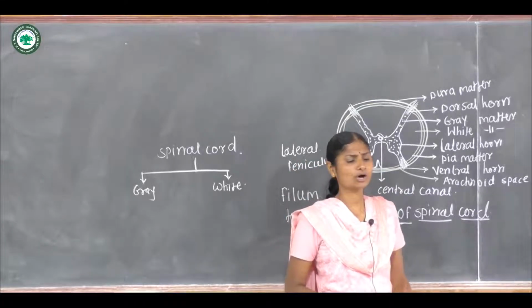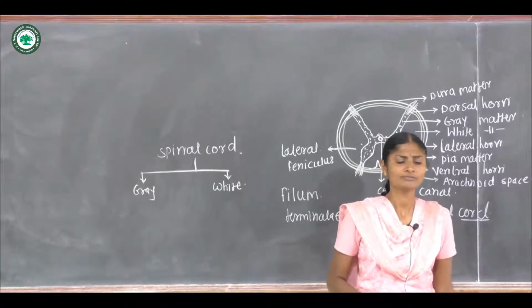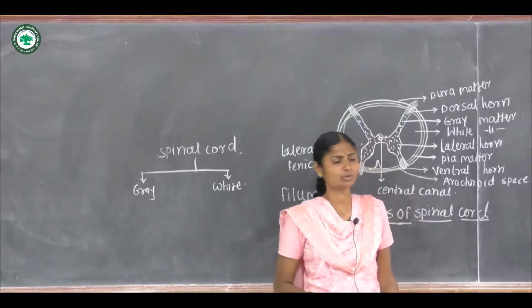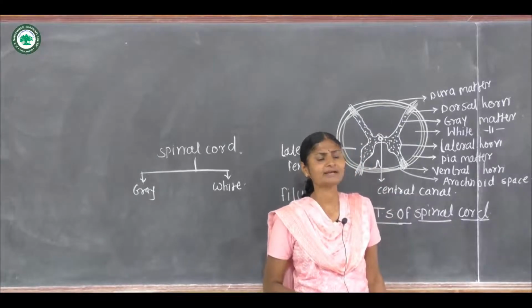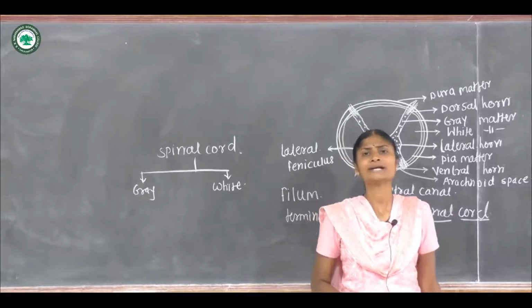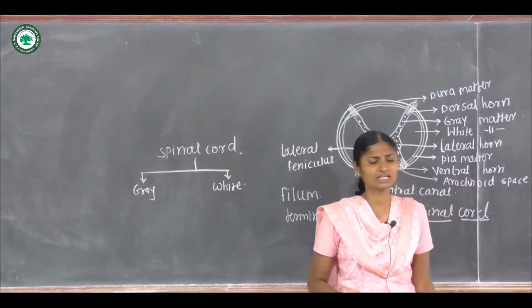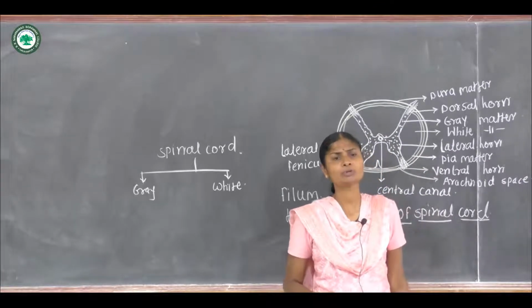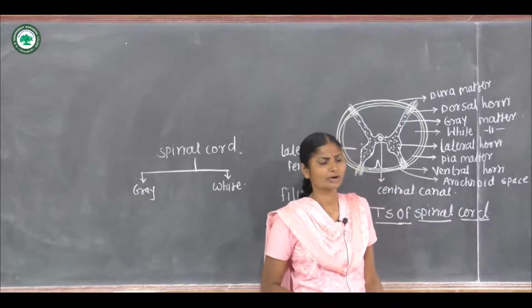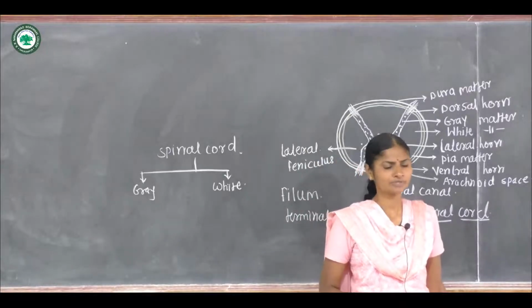The dorsal horn mainly consists of sensory neurons, while the ventral horn contains motor neurons. The grey matter contains dendrites or multipolar neurons, neuroglia, myelinated sheaths, and very few blood cells. In white matter, dendrites are absent.